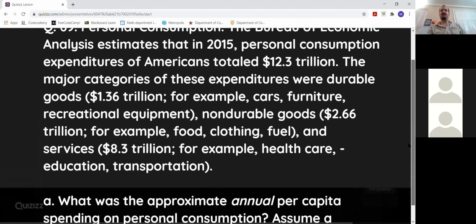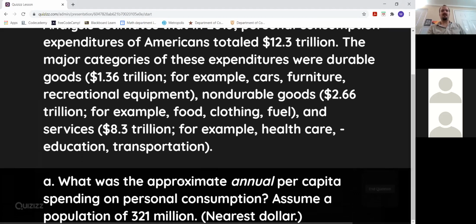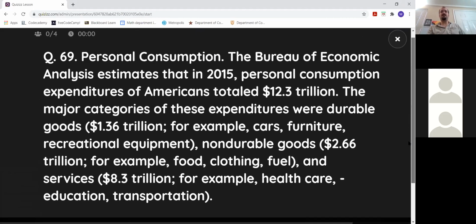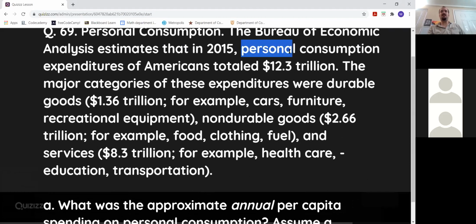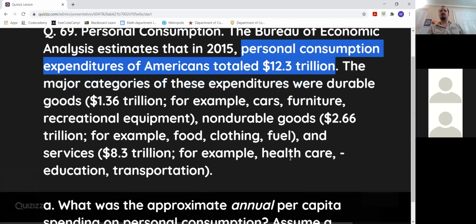But coming back up here, they are talking about personal consumption. The personal consumption was the overall 12.3 trillion. So if I take 12.3 trillion, thousands, millions, trillions, and I divide that into the households, what am I getting?